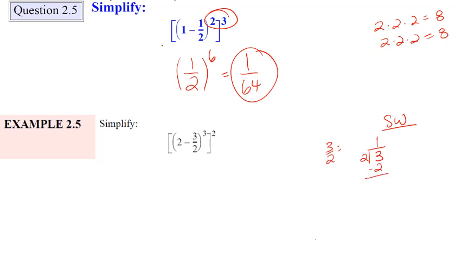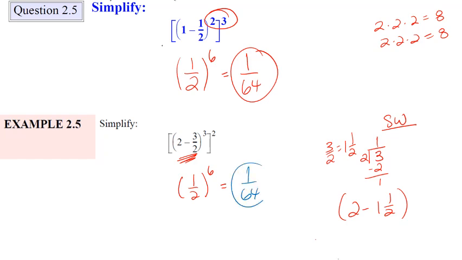You're going to do 3 divided by 2, so that's 1 1/2. So in this parentheses, it's going to be 2 minus 1 1/2. So doing like the pizza example I was doing before, if you have 2 pizza pies and you guys eat 1 1/2 of it, we only have half a pizza pie left. So this is going to be 1/2 to the 6th power, and that is 1 over 64.